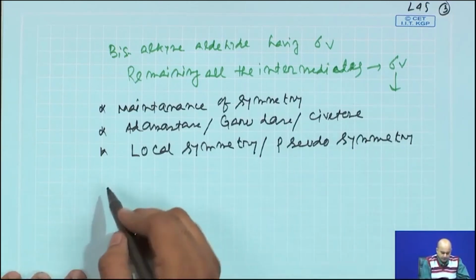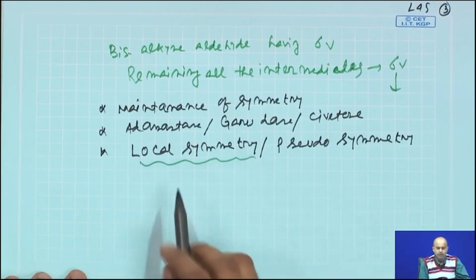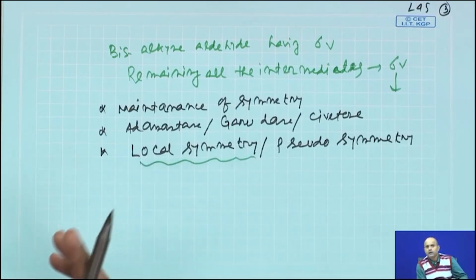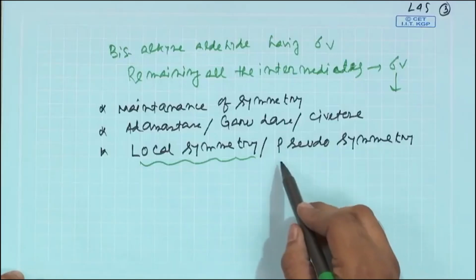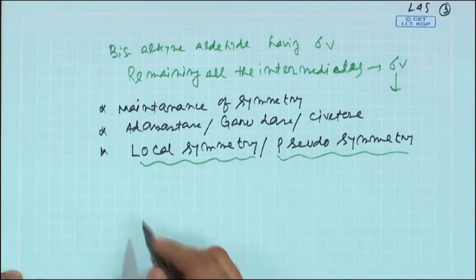Now, as I said, local symmetry, as the name implies, means a molecule or a particular segment of a molecule contains a symmetry, and that gives a local symmetry. Due to the presence of the local symmetry, the entire molecule is not symmetrical, but is like a symmetrical molecule. That is why it is called pseudo symmetry.